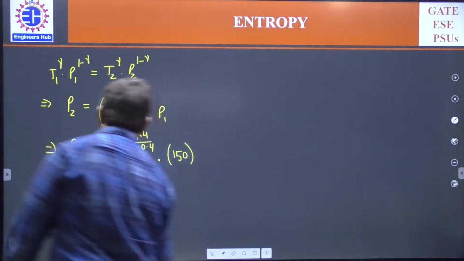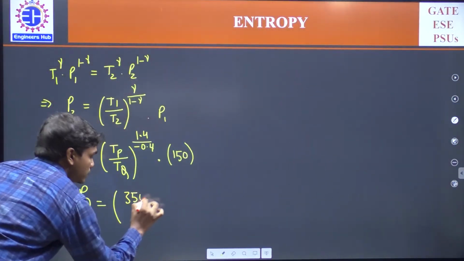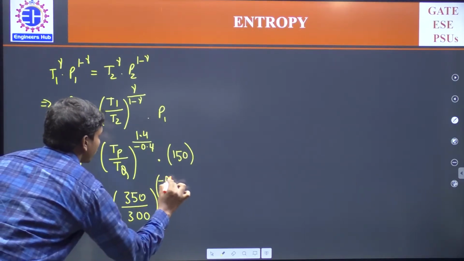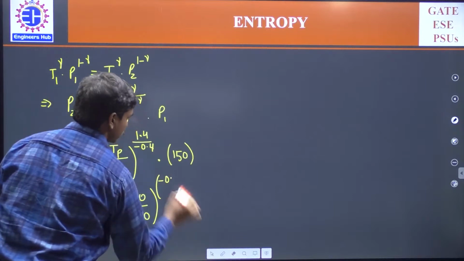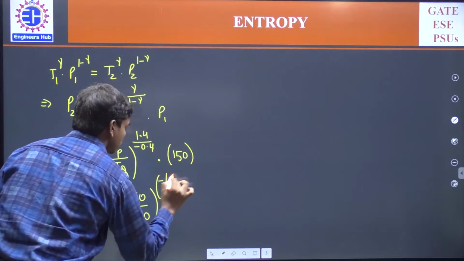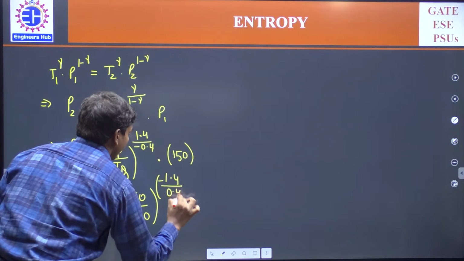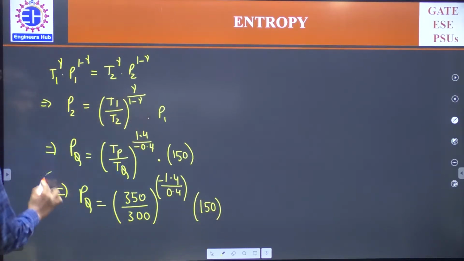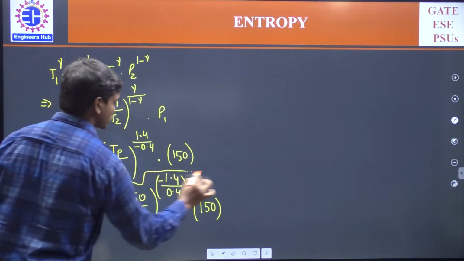So this is 350 and this is 300, whole power minus 1.4 divided by 0.4, into 150. So please calculate this value and tell me what could be the answer.